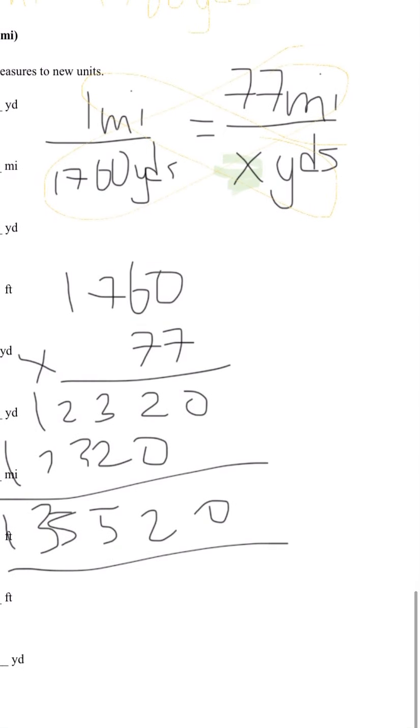And so when we multiply x times 1, that's just x. So our x value is 135,520.